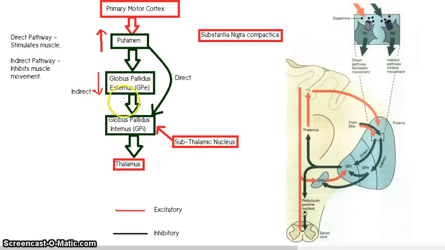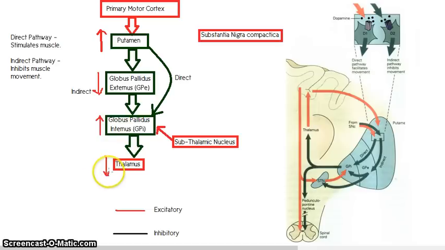Decreasing the activity in this nuclei will relieve its inhibition towards the globus pallidus internus, causing this to increase its action. Increasing the action of this nuclei, which is normally inhibitory, increases the inhibition on the thalamus. That decreases the thalamus's activity.